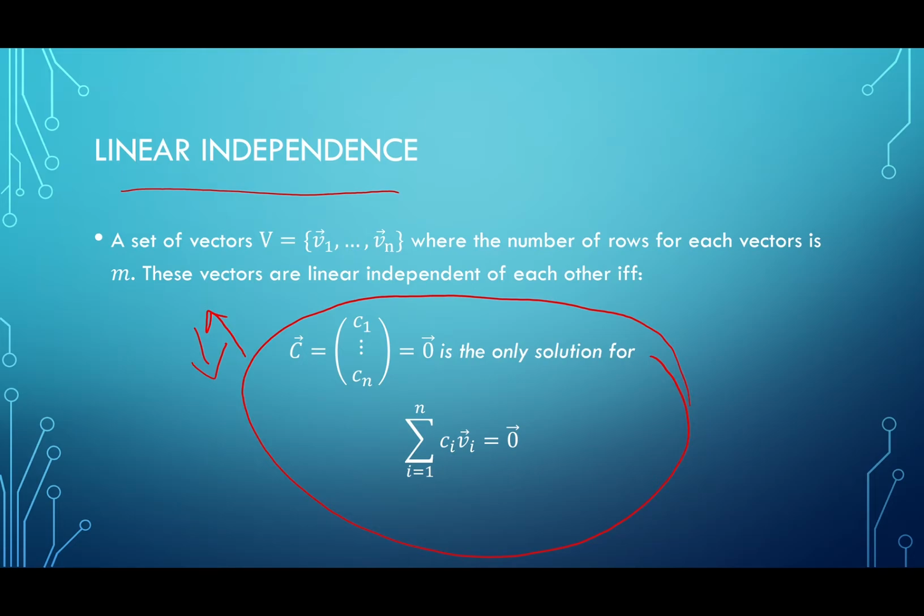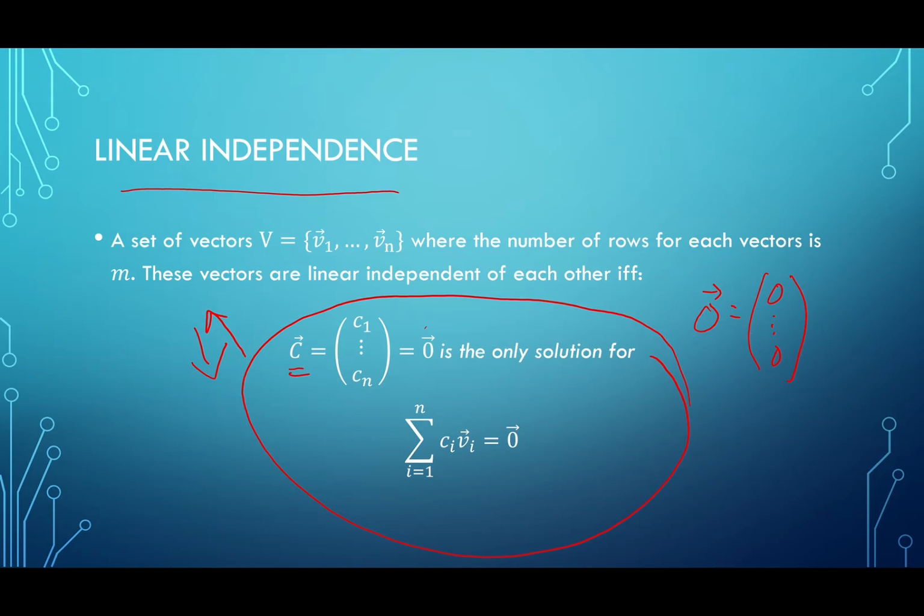If we have a constant vector c, which is defined as c1 up until cn, which equals 0, where a zero vector is represented as each element being 0 in the vector, and of course the number of rows is n here.